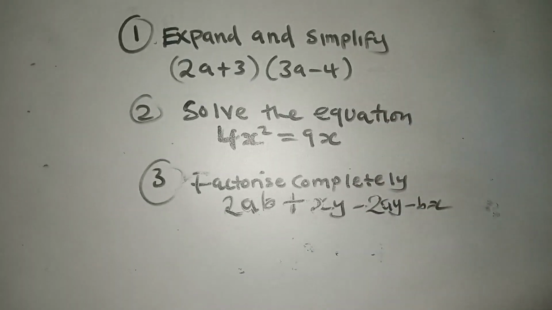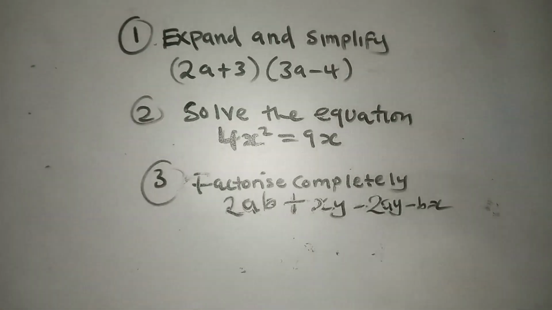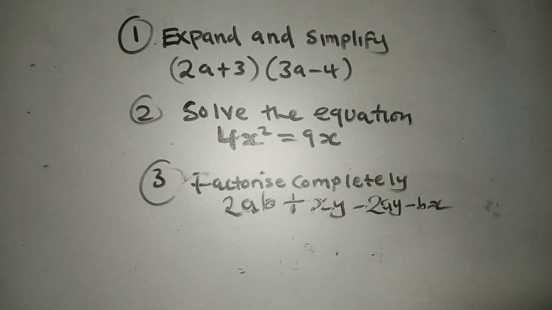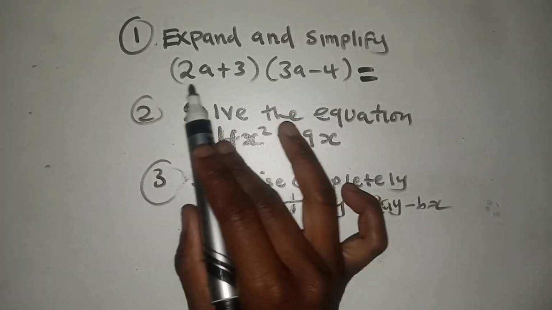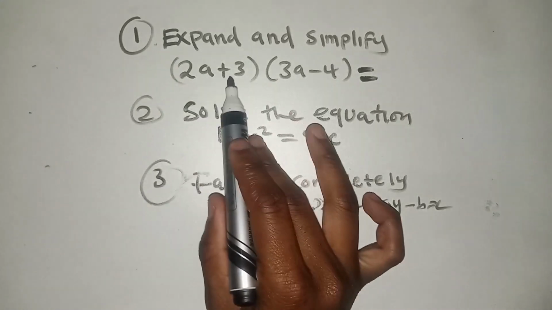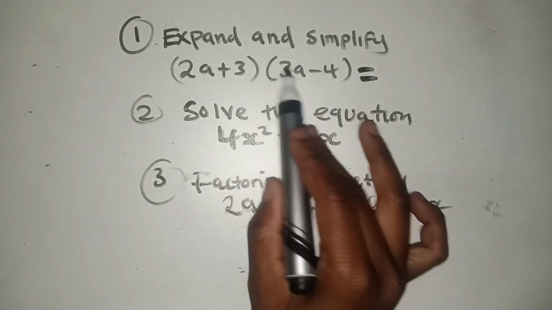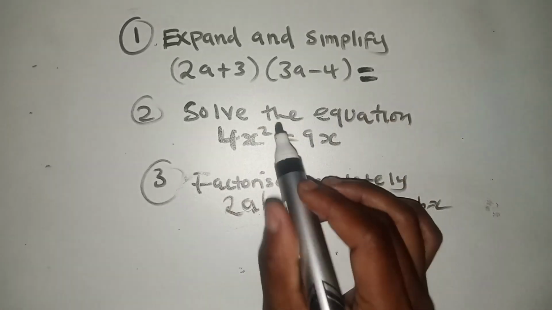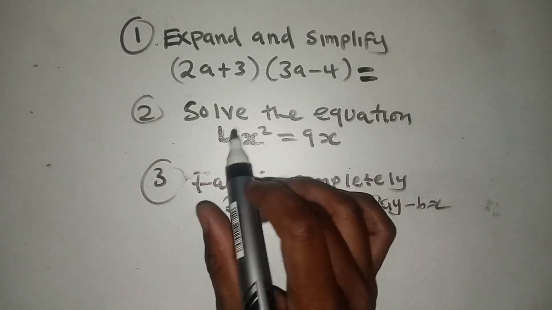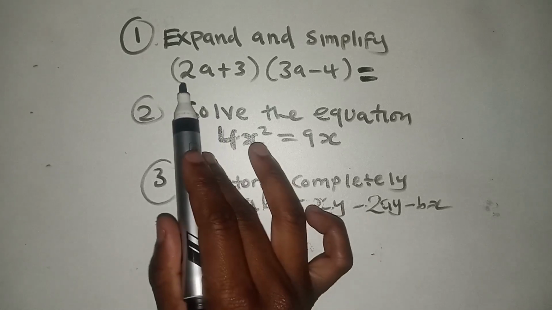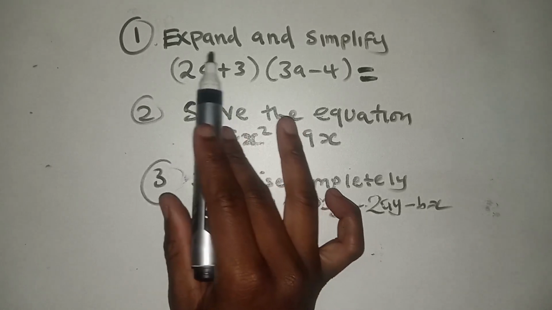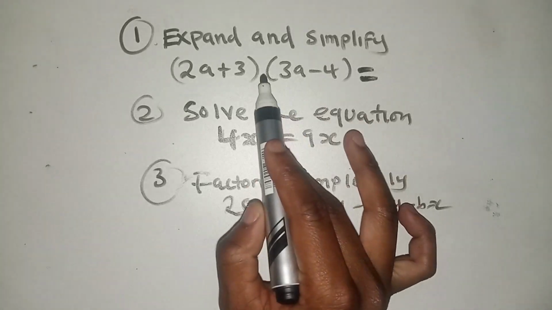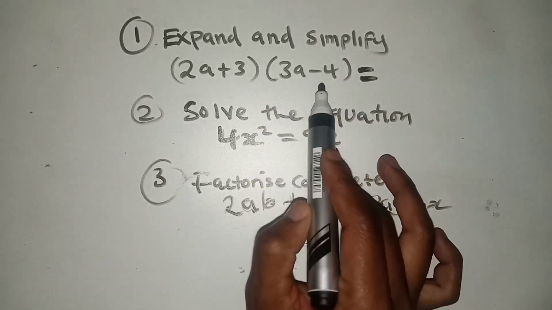Let me use the marker. We've got open bracket 2a plus 3 close bracket multiplied by open bracket 3a minus 4 close bracket. How you go about it is like this. You take your first term, 2a, and multiply it with everything in the second bracket.